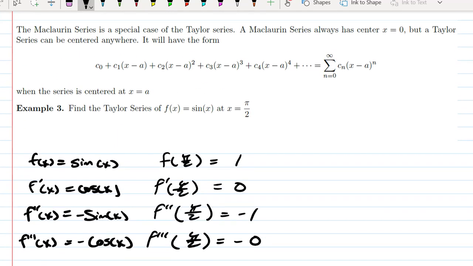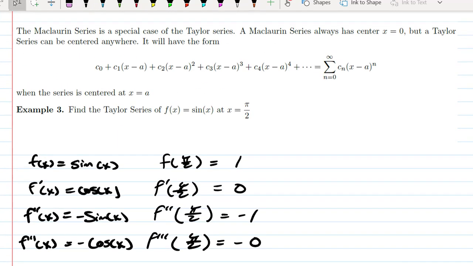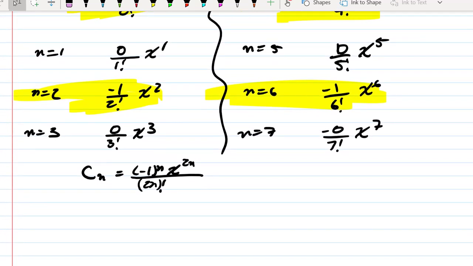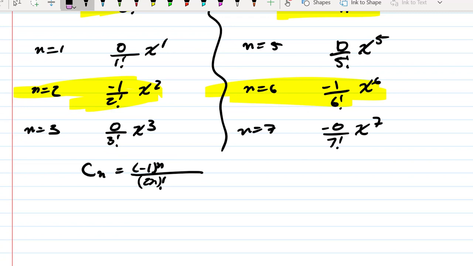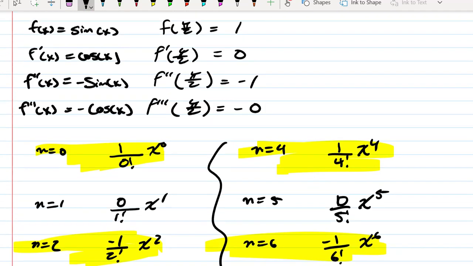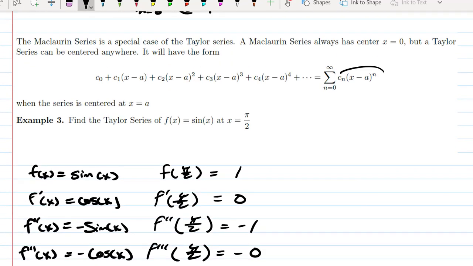And so the Taylor series at our center would use x minus pi over 2 to the 2n, because I'm using this formula right here, and that is my a.